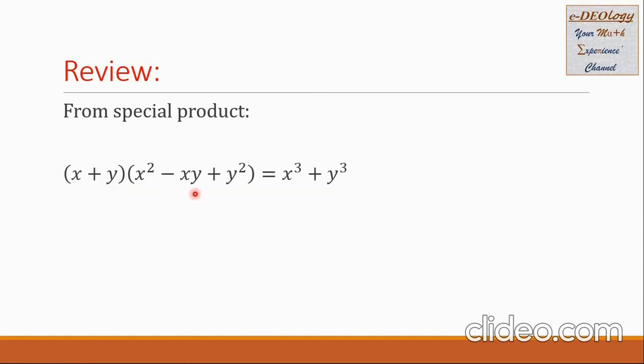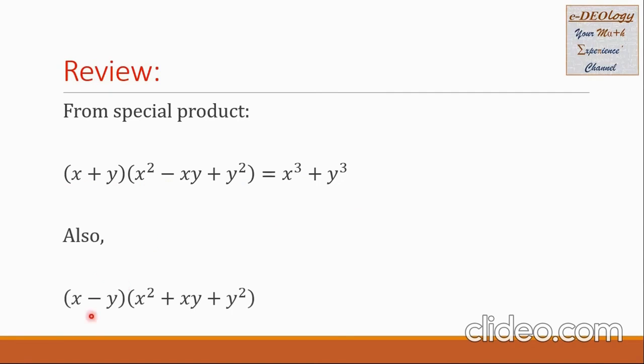The middle term is the product of these two terms in the binomial factor, x times y. But on the pattern, we should write the opposite sign. So our special product here now is the sum of two cubes.